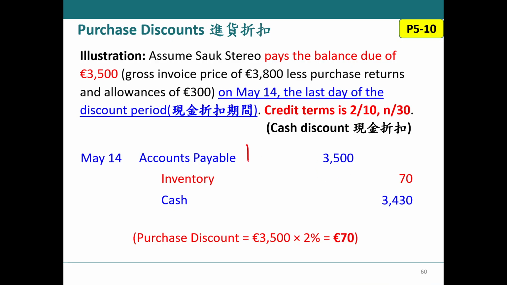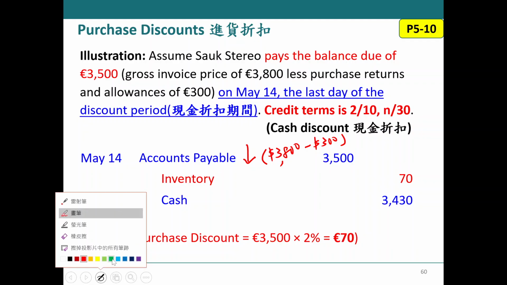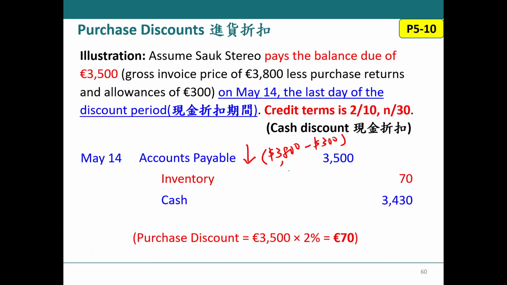$3,500. Why is that? Remember, at the beginning, you bought the inventory for $3,800, right? But you returned $300 of inventory, okay? So you bought inventory for $3,800, you returned inventory of $300, so the money you owed to suppliers is only $3,500.